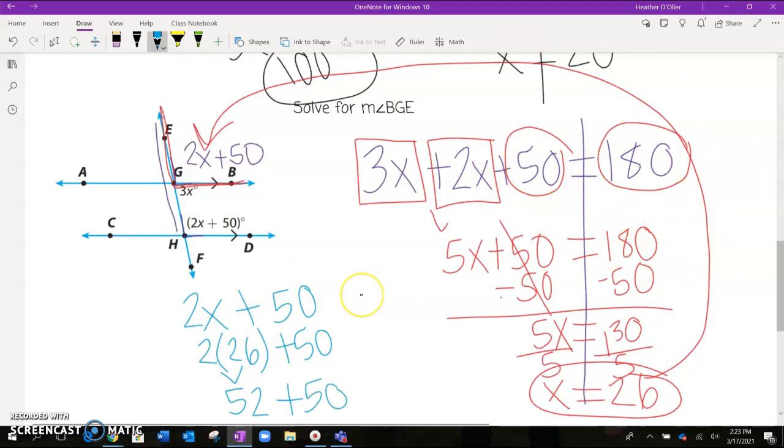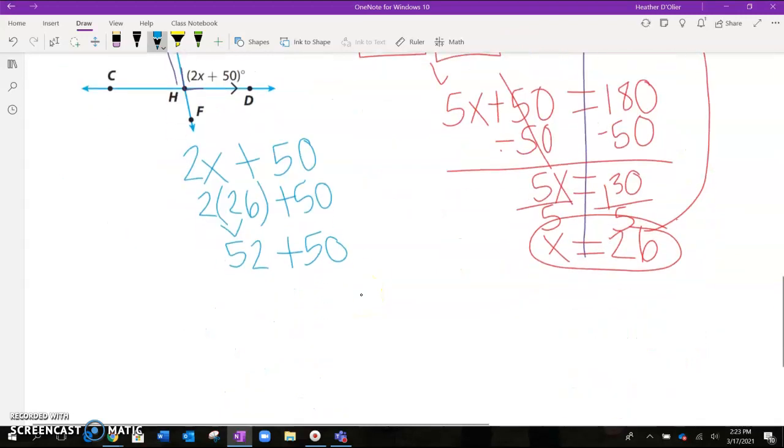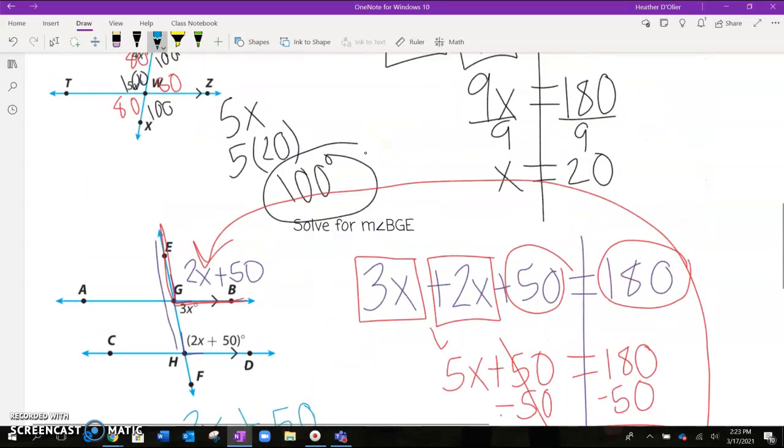I then get, what is that, 102? Yes. 102. That angle right there, that BGE, is 102 degrees.